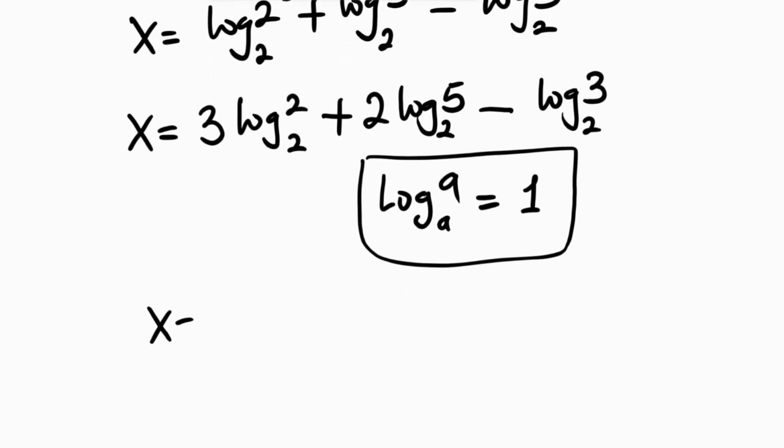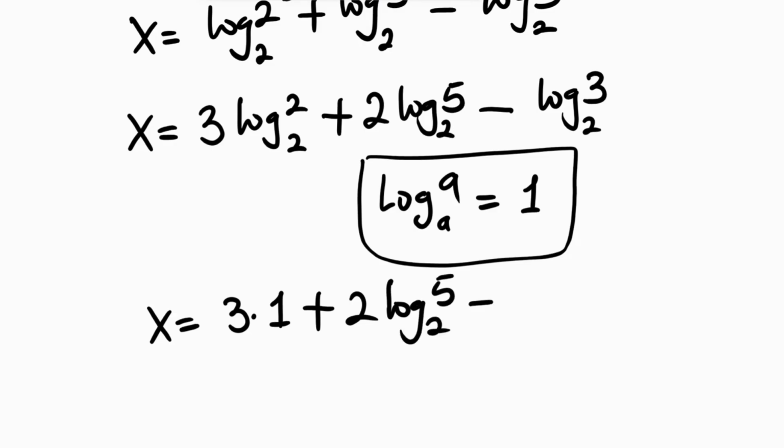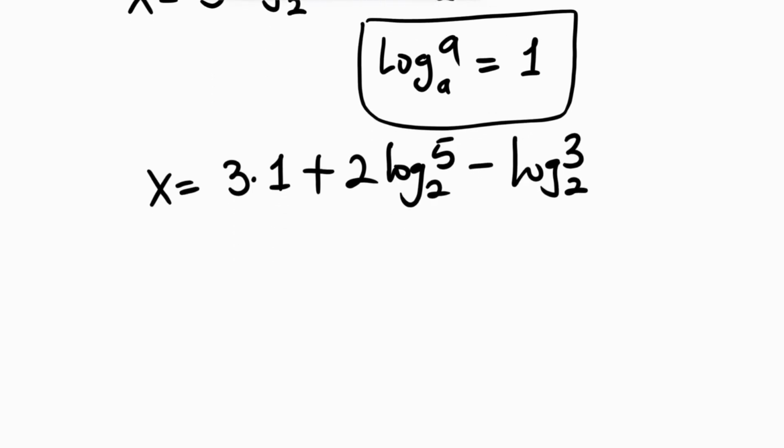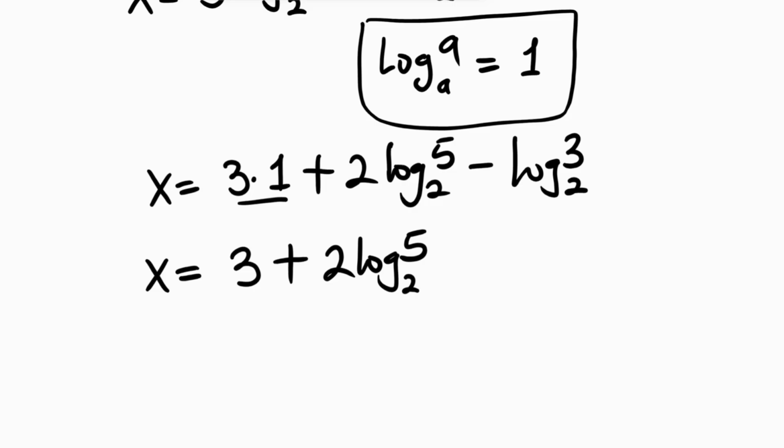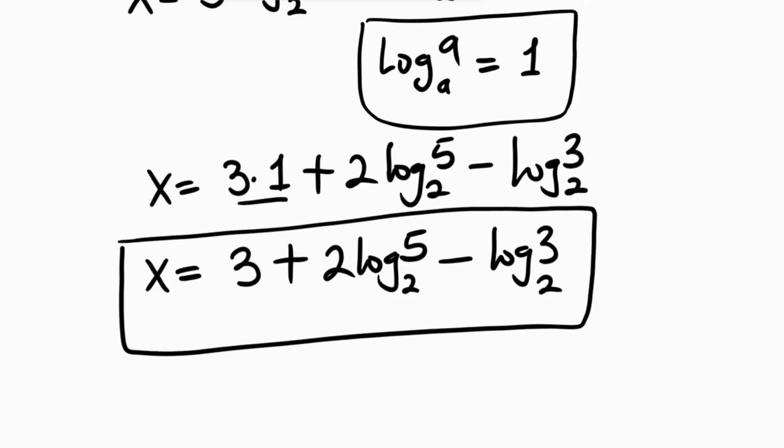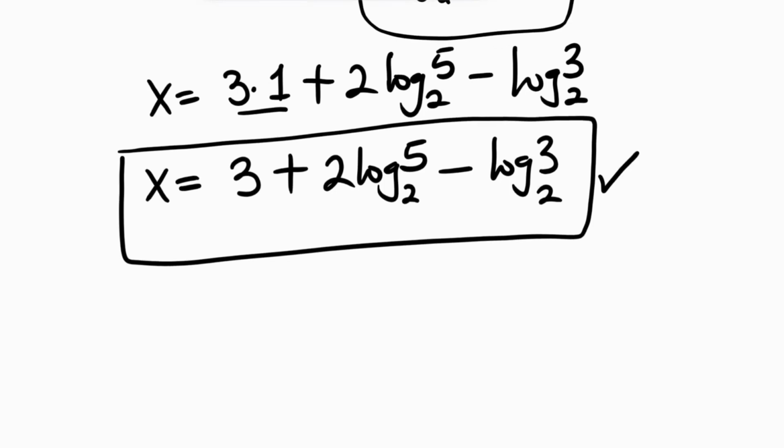So now we have x is equal to 3 times 1 plus 2 log of 5 base 2 minus log of 3 base 2. So our final answer becomes 3 times 1 is 3 plus 2 log 5 base 2 minus log of 3 base 2. And this is our final answer.